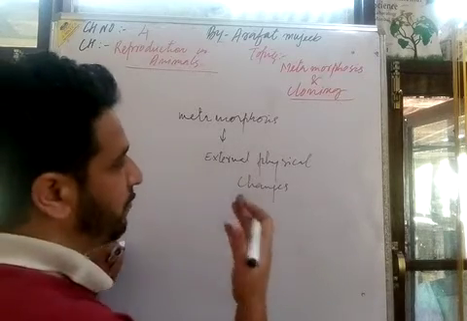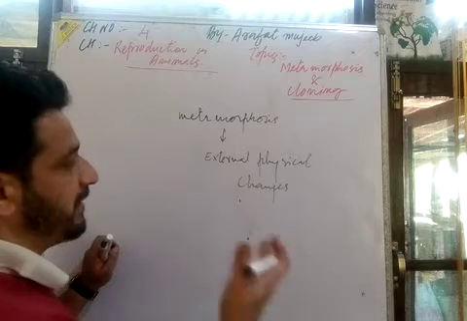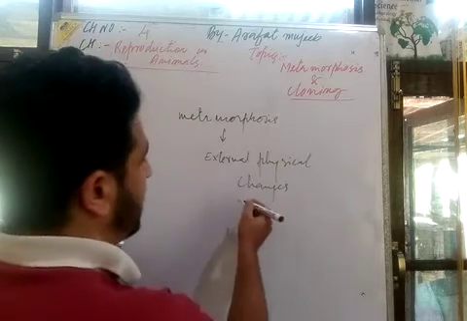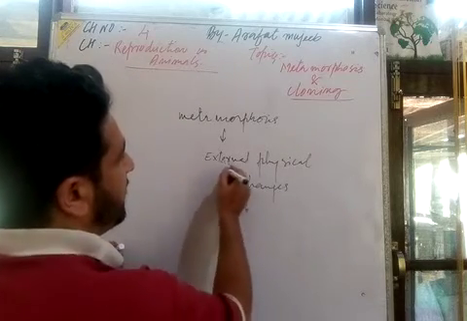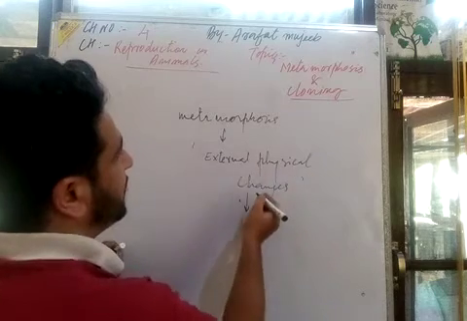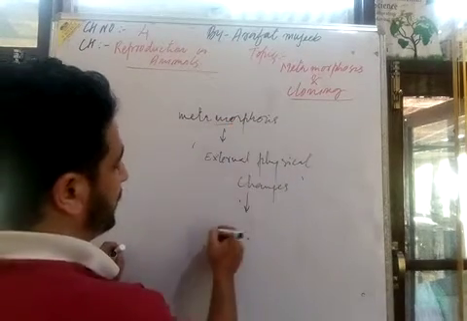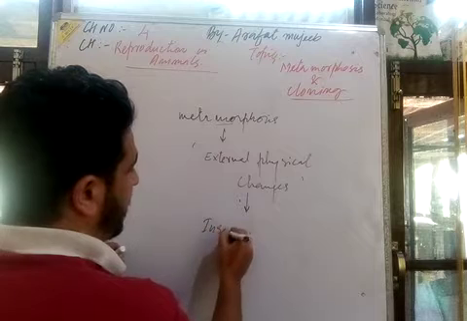It can be 4 stages, it can be 5, 7, 8, 10, 12 in number. Then there are external physical changes seen in the metamorphosis.